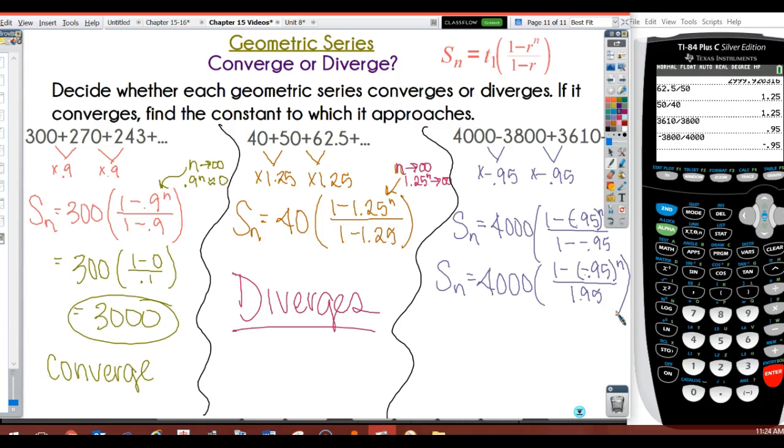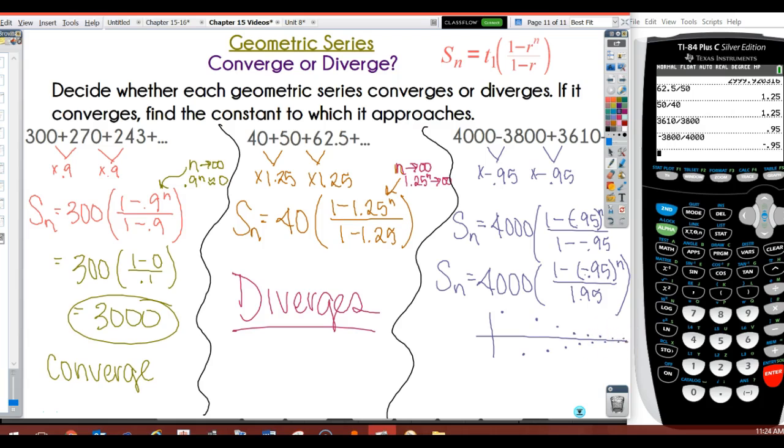So from here, if we're taking 95% of something, it's going to make it smaller and smaller. Same idea as this one. However, it's going to go back and forth between a large positive, large negative, smaller positive, smaller negative. And so what's happening to our terms is we're starting at 4,000, negative 3,800, and we're going back and forth, but each time getting smaller and smaller.